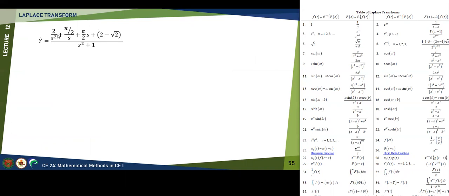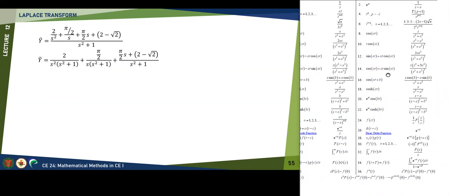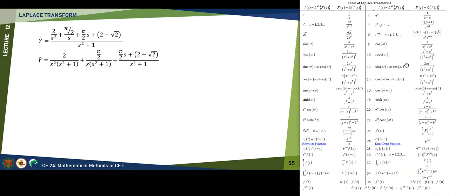Let's separate the numerator and isama natin sa denominator. So for this one, we have 2 over s squared times s squared plus 1. Same for the second term, you have pi over 2 over s squared plus 1. Itong isa, pinagsama lang natin because this is just a constant, tas ito yung s. Itong s squared plus 1, you have that already in our table.